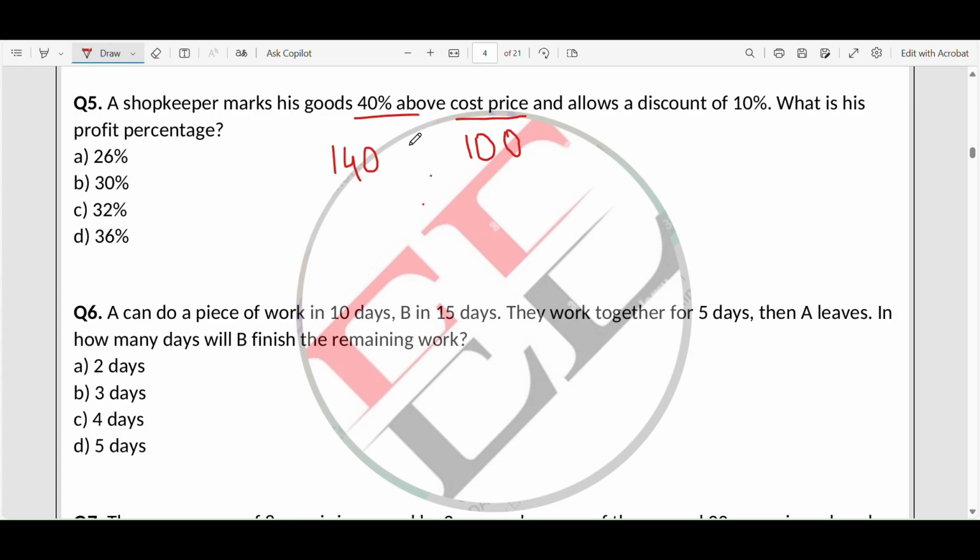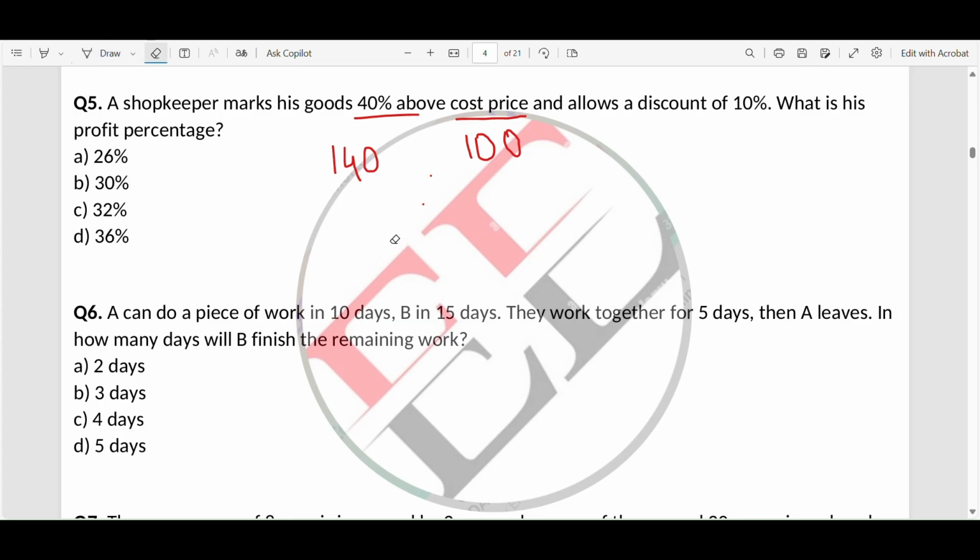I'm just explaining the question, and here the trick will be there. You have to concentrate on this. The MRP he marked is 140, and he allows a discount of 10% from 140. What is 10%? It will be 14.